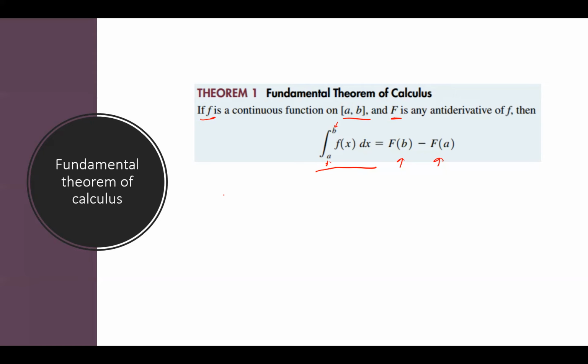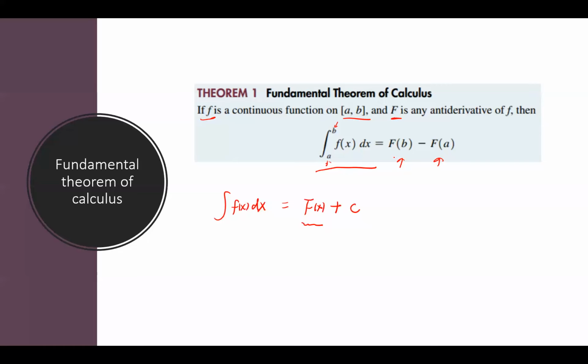For example, in the past, we have the integral of f of x dx. This is what we call an indefinite integral, and we can express it as F of x plus a constant c. That's why we use the uppercase F to express the antiderivative of the lowercase f.